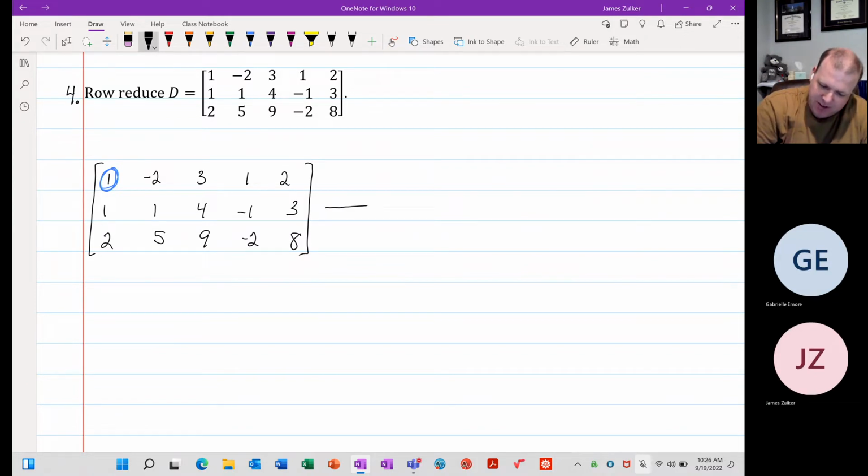Zero out everything below it since it's already 1: -2 row 1 plus row 3, and then negative row 1 plus row 2.